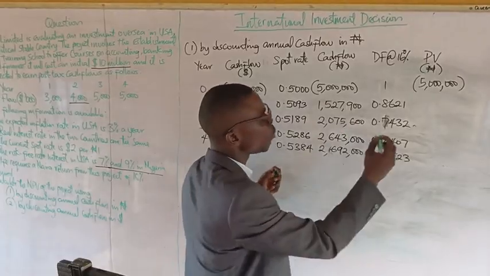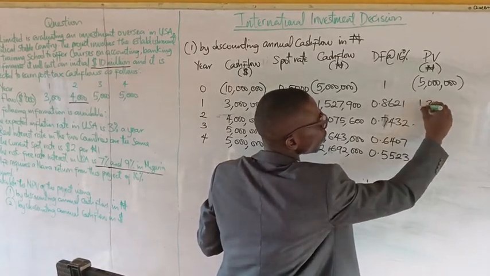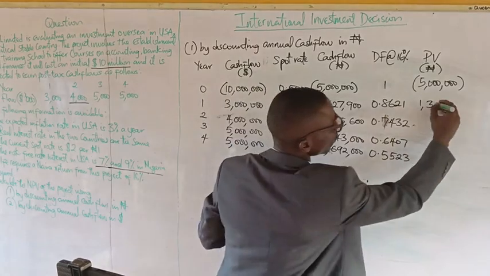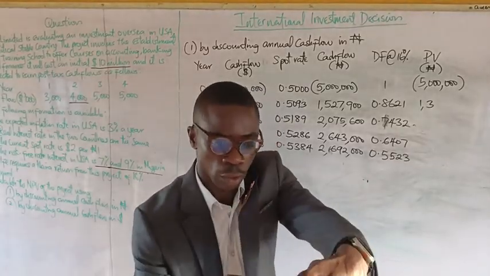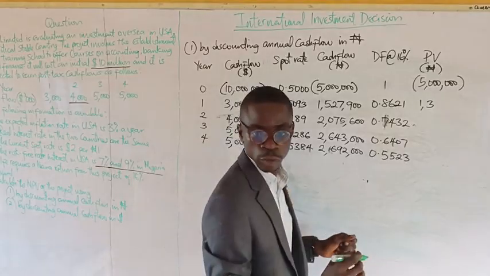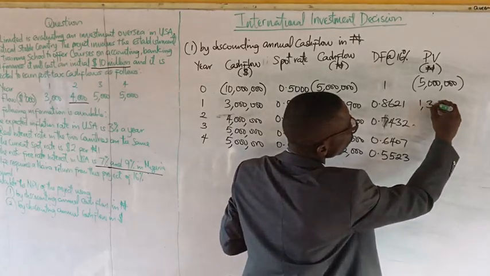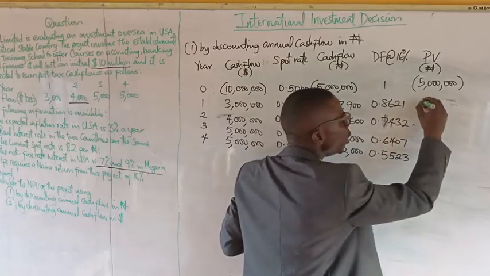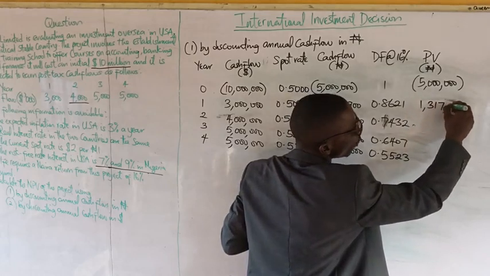So for year 1, what is it? 1,000,000, 3 what? 1,317,200.